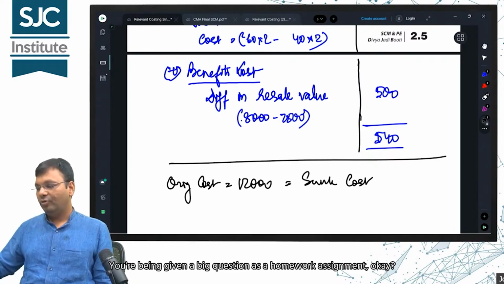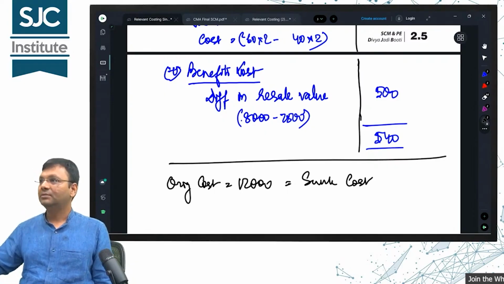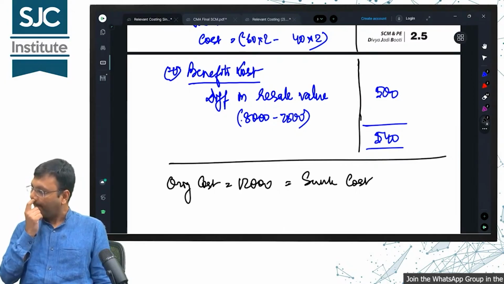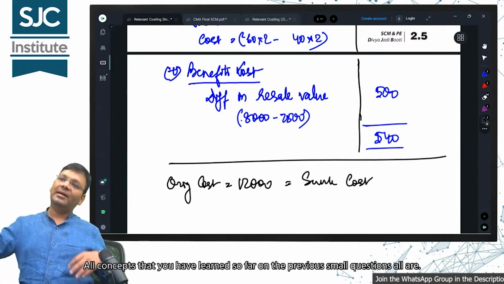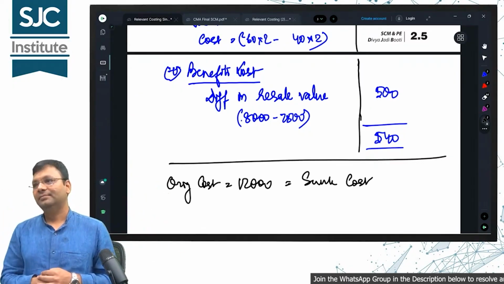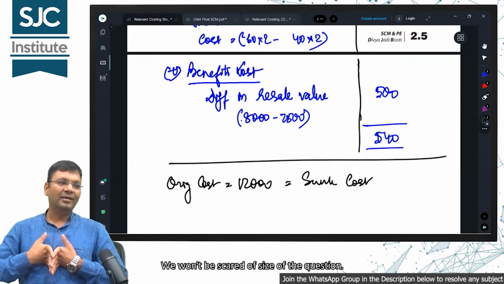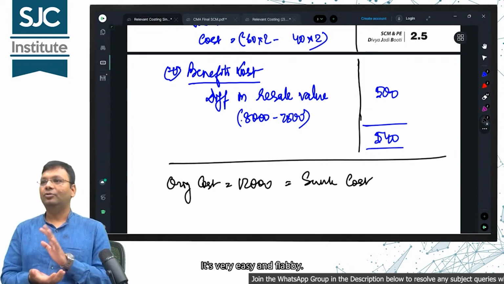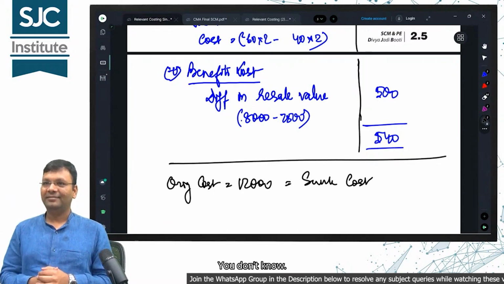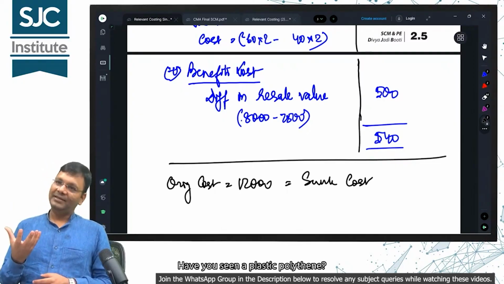You're being given a big question as a homework assignment. Okay. The next one is a lengthy one. All concepts that you have learned so far on the previous small questions are combined together in this question. We won't be scared of the size of the question. It's very easy and flabby. What is flabby? You don't know. Have you seen a plastic polythene?